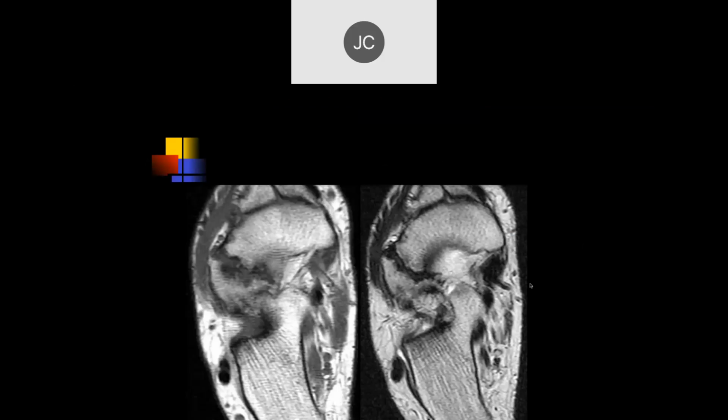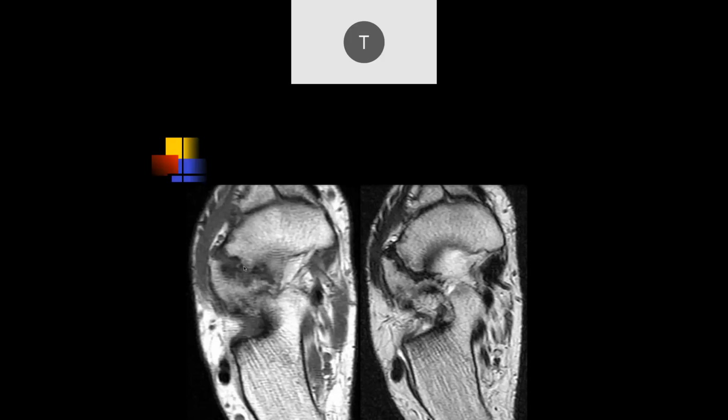Okay, Tayson. All right. So, looks like we have a fibrous coalition between the navicular and, is that the talus?